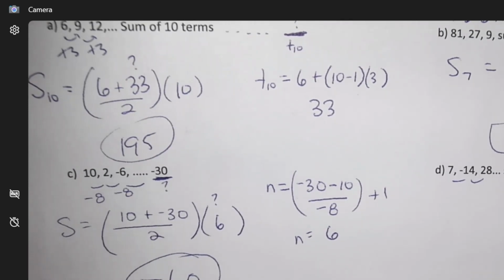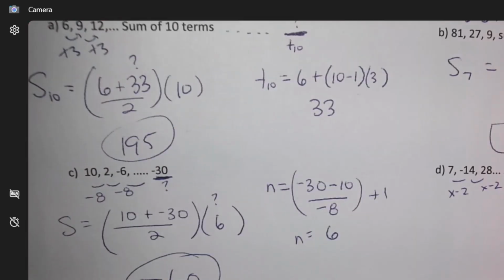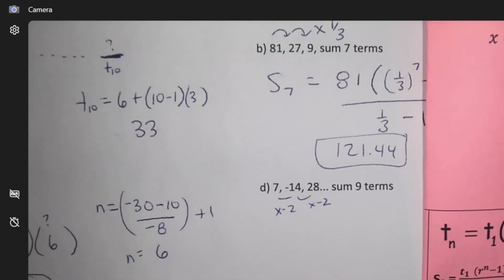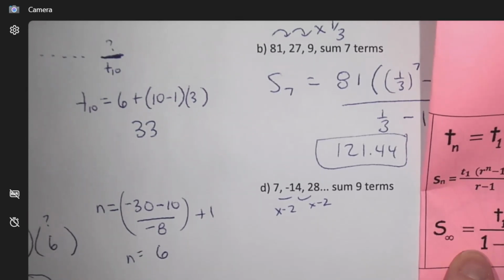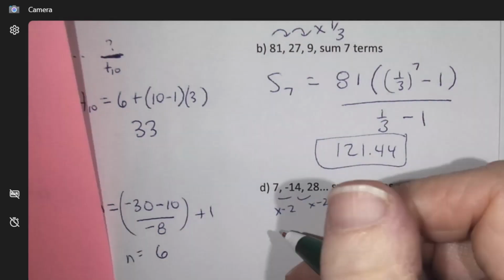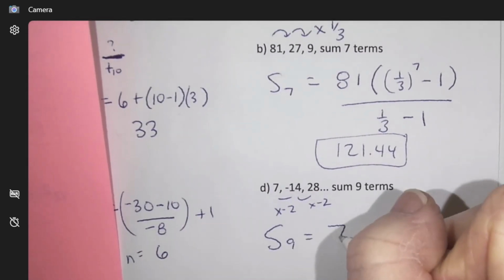Question D. Figure out the pattern. I'm timesing by negative 2. So I'm doing this formula, the sum with the r's in it, not the sum to infinity. I'm doing the sum of 9 terms.